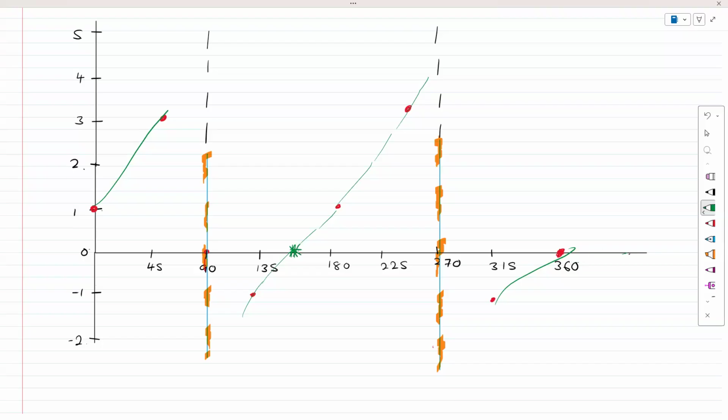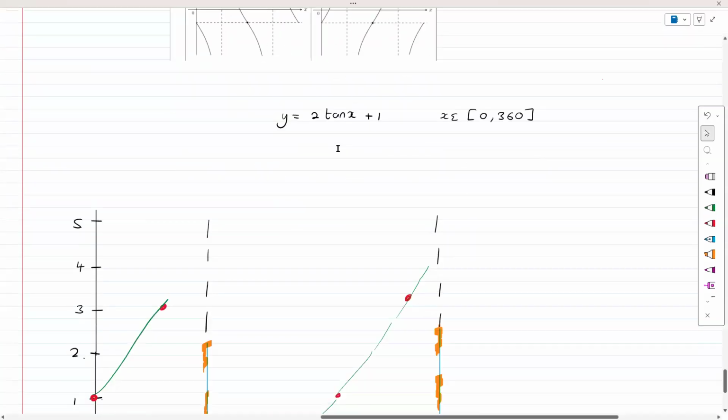To get this x-intercept, you would have to make y equal to 0 and then solve it. Technically, you could do that. Let's try. That would be minus 1/2. Let me double check, I'm just curious.